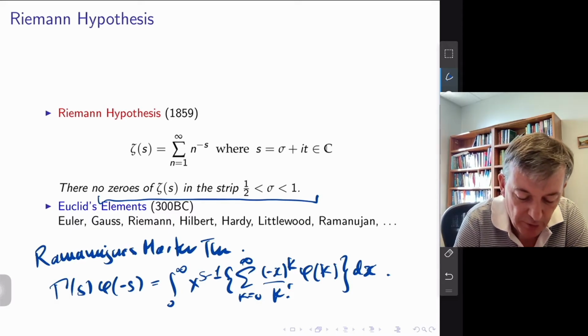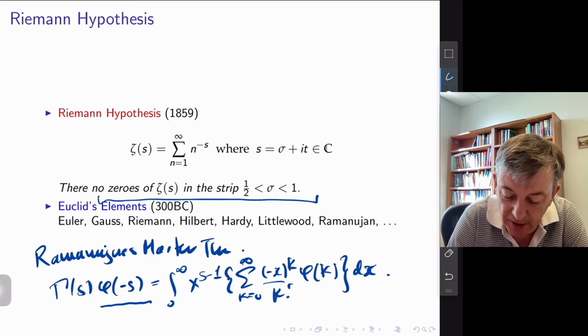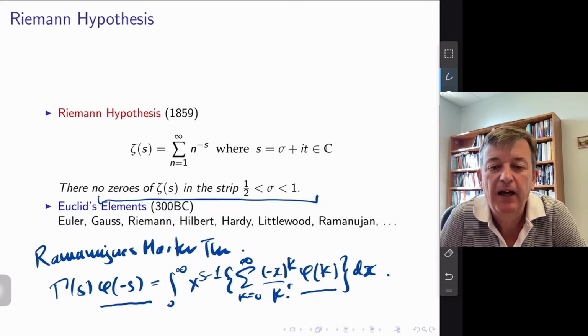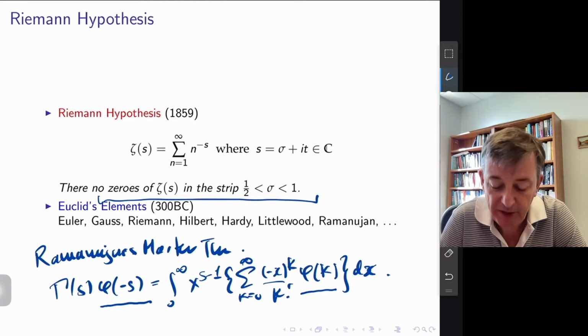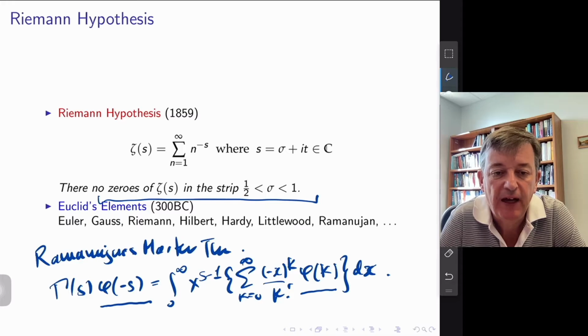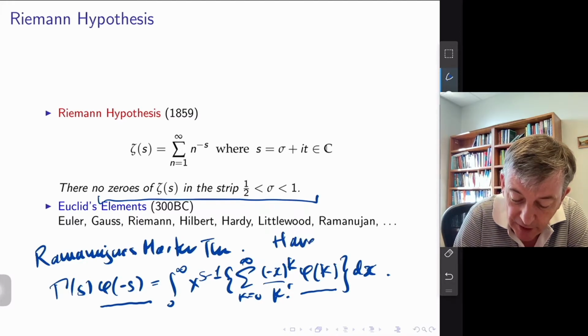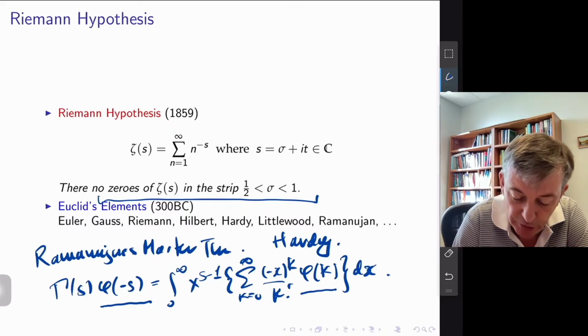And you can see that if I want to make sense of the function at minus s, essentially I just need to know the coefficients in this power series where k is greater than or equal to 0. So if I can make sense of the function for k bigger than 0, I can make sense for negative values of s as well. And Hardy and Ramanujan have talked about regularity conditions for the master theorem to hold true.